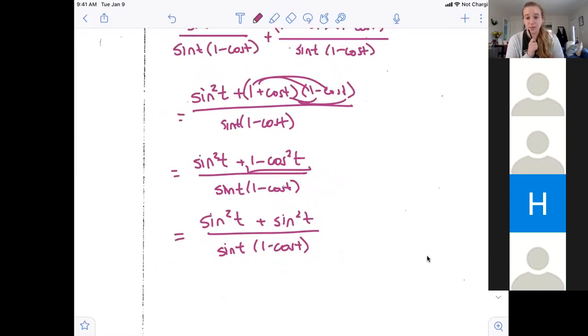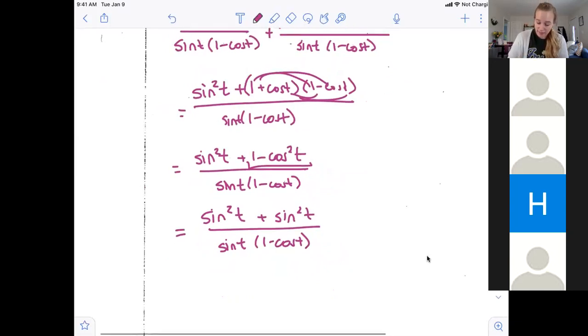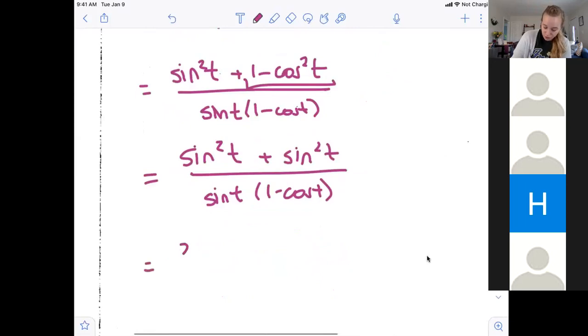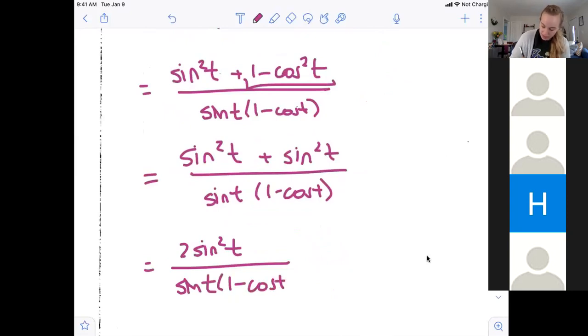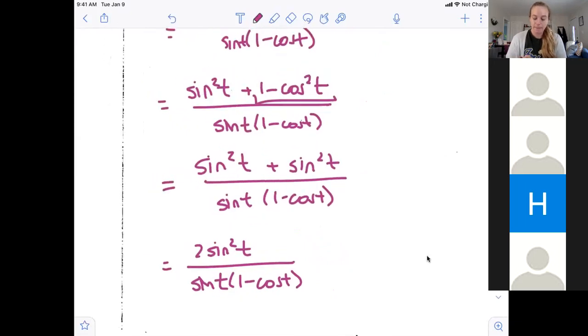Your first inclination might be to cancel out your sines, but I'm going to argue not to. If I combine them, I'm going to get 2 sine squared t on top over sine t times 1 minus cosine t. Now, a second ago, I told you to replace 1 minus cosine squared t with sine squared t.